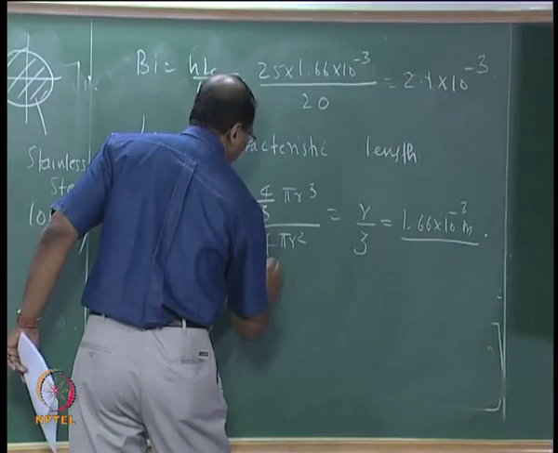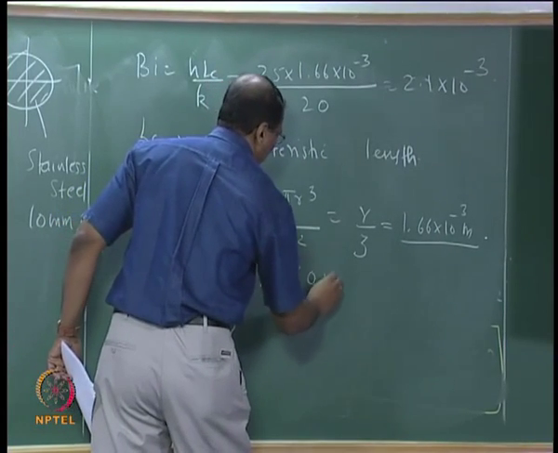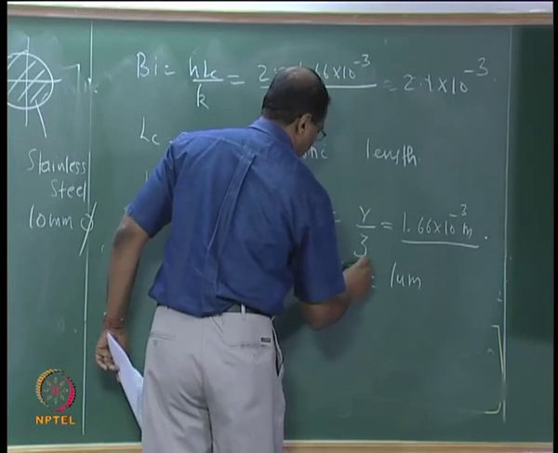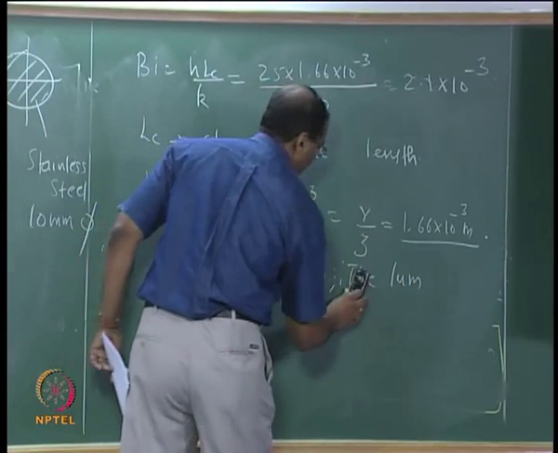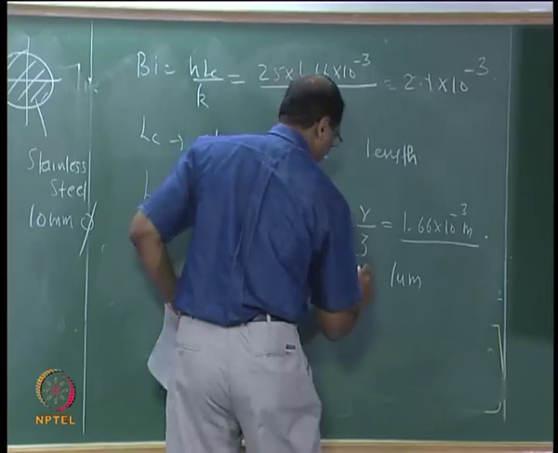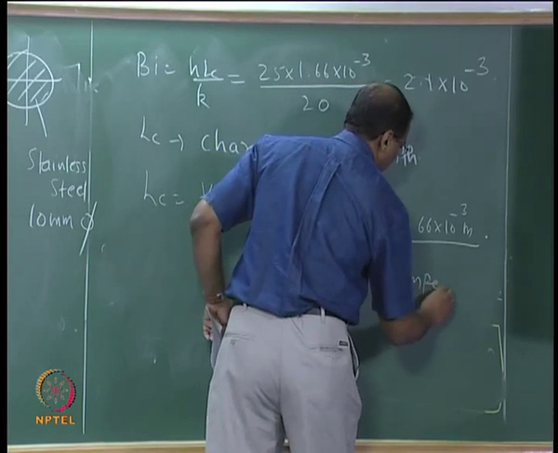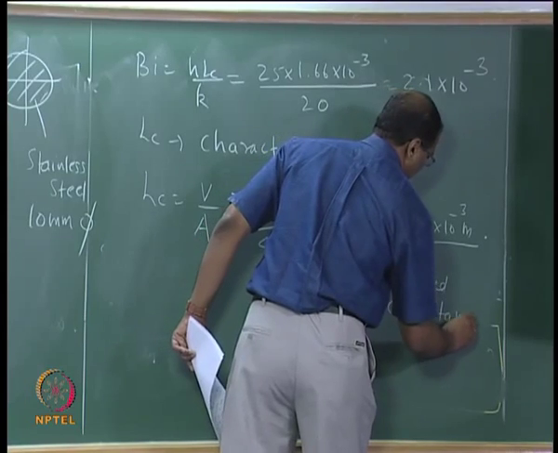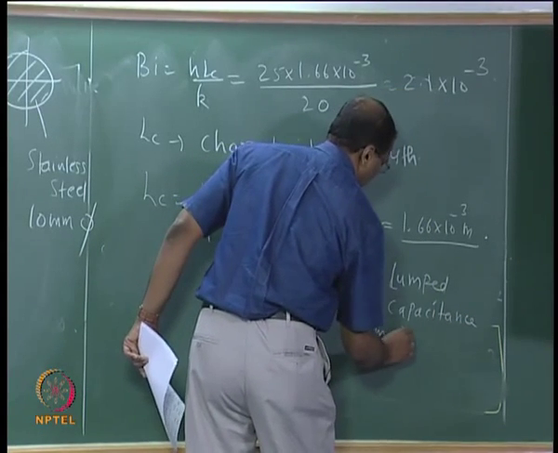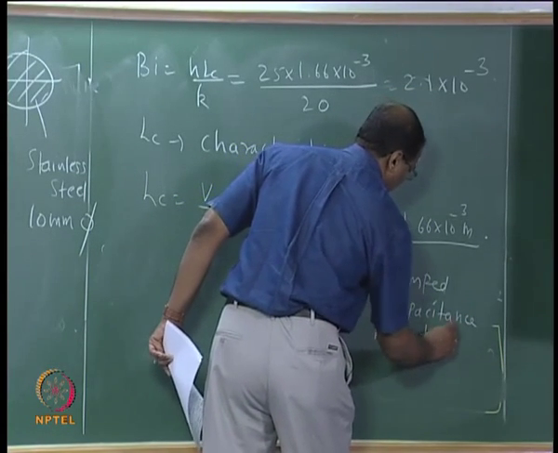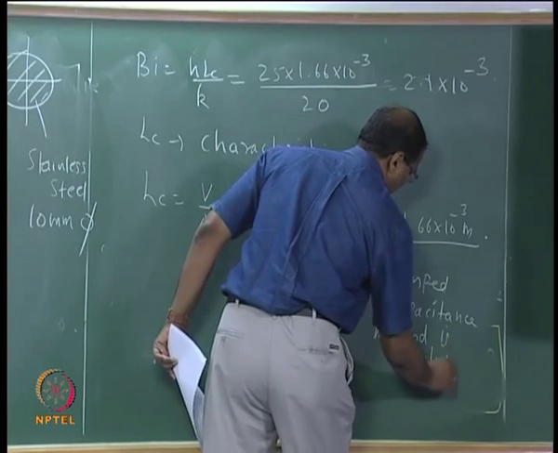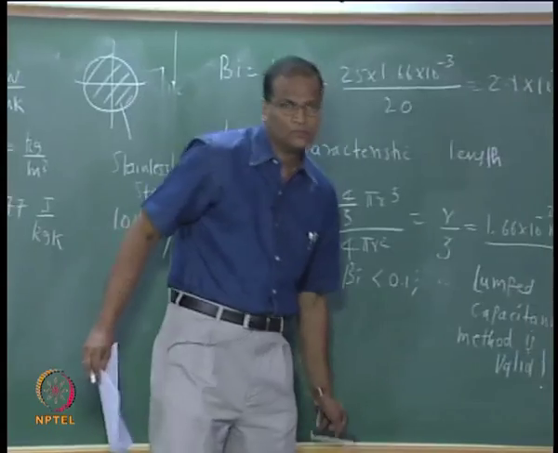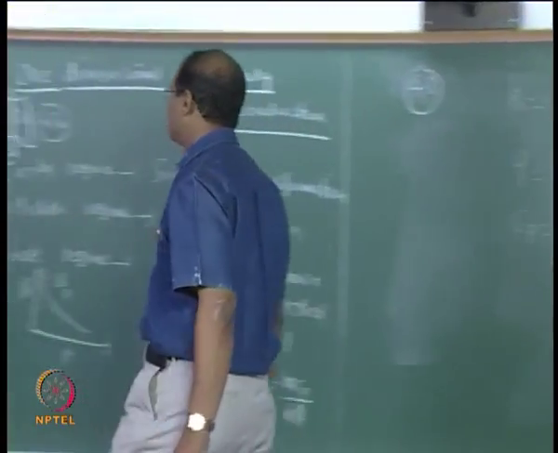So, I will write like this: Biot number less than 0.1. Therefore, the lumped capacitance method is valid.